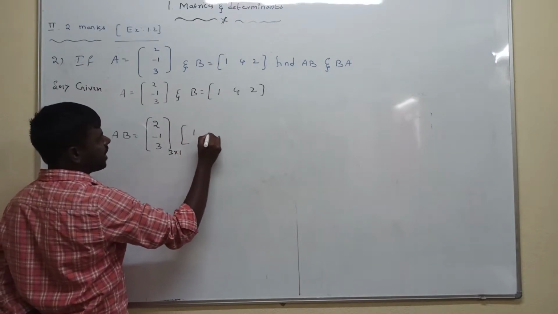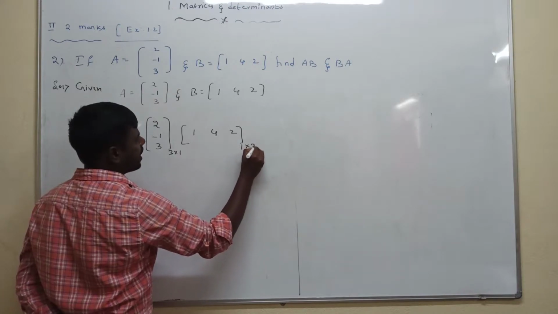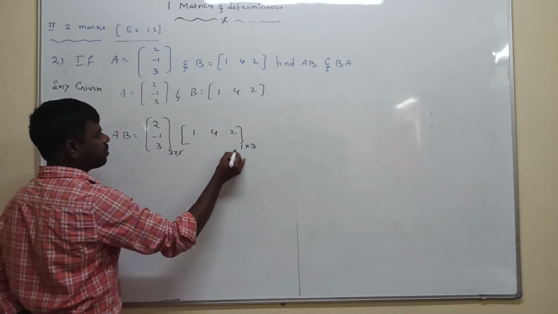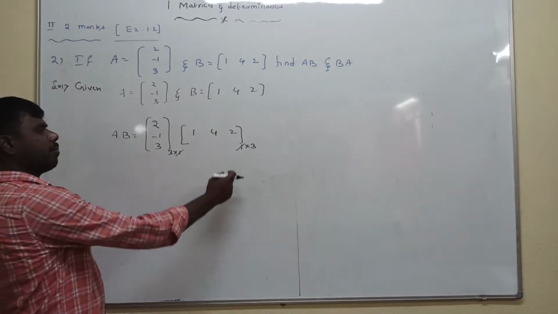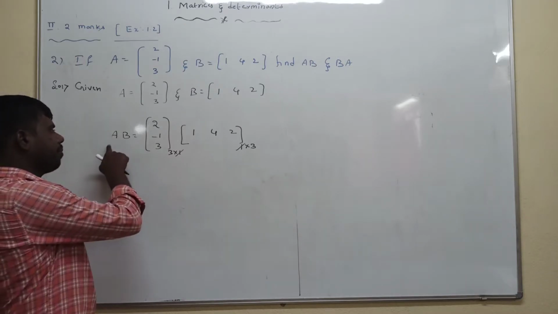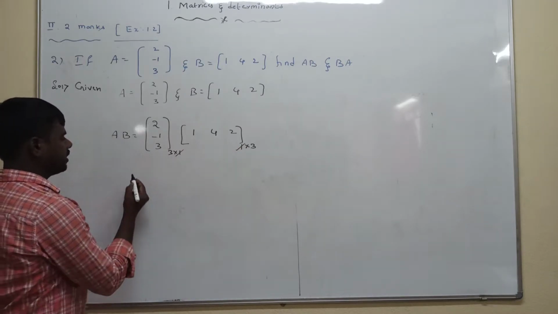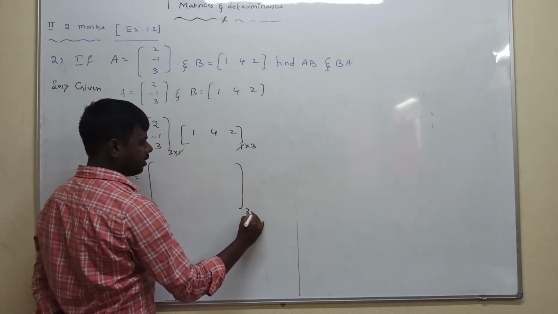Substitute the B matrix: 1, 4, 2. This order of the matrix is 1 by 3. The product will exist because the number of columns in the first matrix is equal to the number of rows in the second, both are equal. We get the AB resulting matrix as 3 by 3.